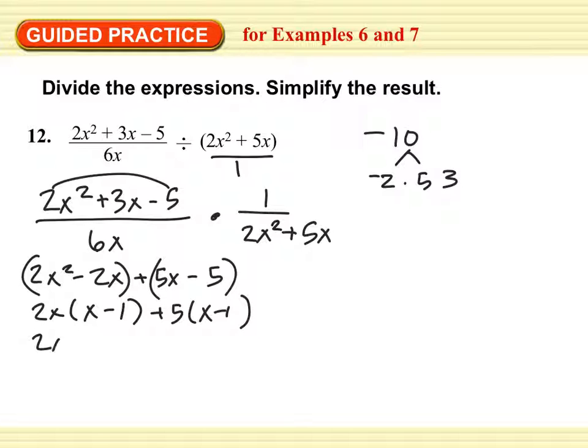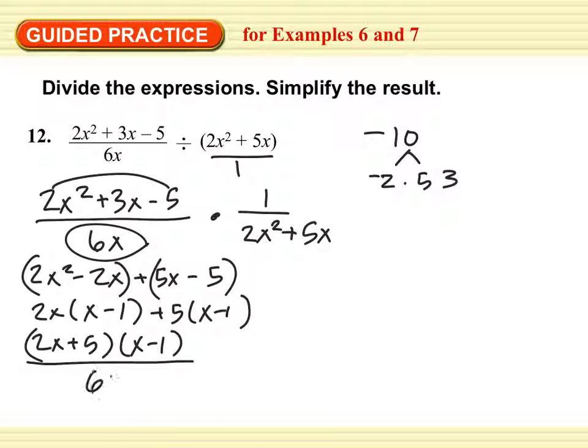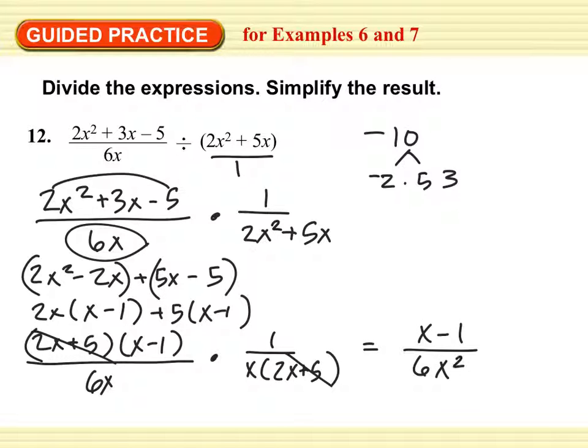So I have 2x plus 5 times x minus 1 over 6x times 1. I can factor out an x, 2x plus 5. Okay, simplify first, it's always easier, and that leaves me with x minus 1 over 6x squared. Cool.